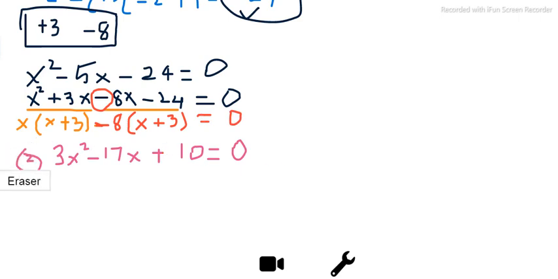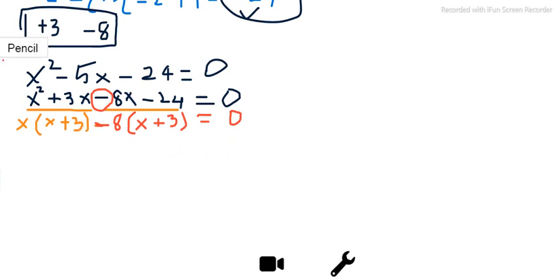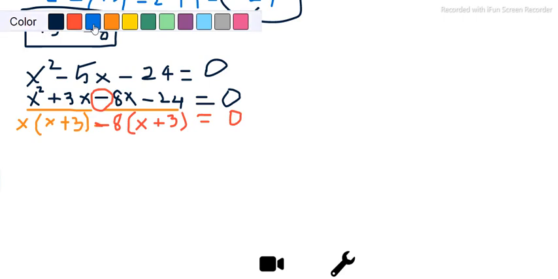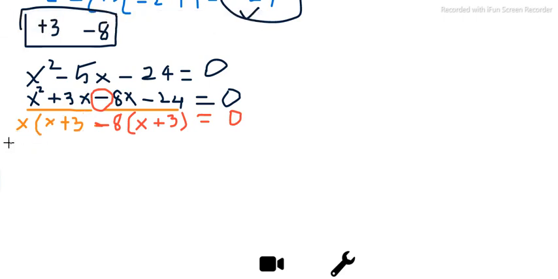Do you get that? So let me clear this. This was the second example. So if you look at this again, we still have a group here, we have another group here. If you look at the two groups, you will see that x plus 3 is inside the bracket.